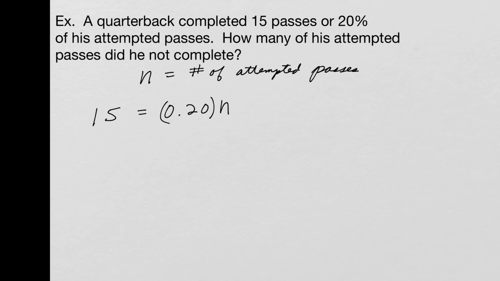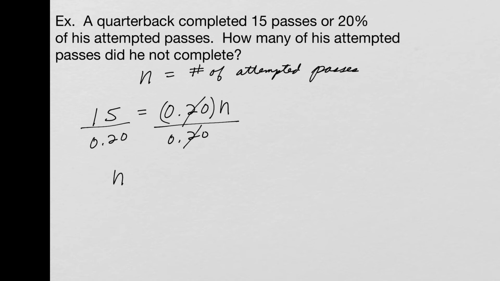So 15 equals 20% times n, so 0.20 times n. So now I can solve this. I can divide both sides by 0.20. Whatever you do to one side, I do to the other side. I want to do that because I want to isolate the n.